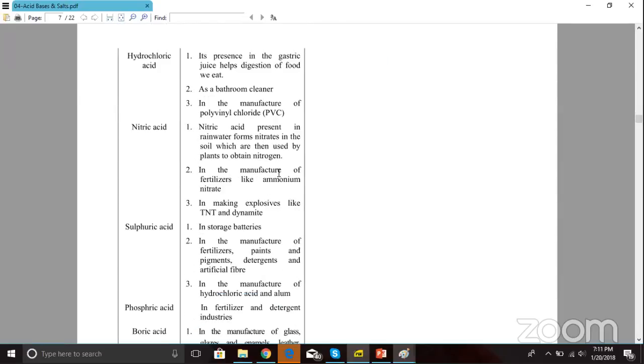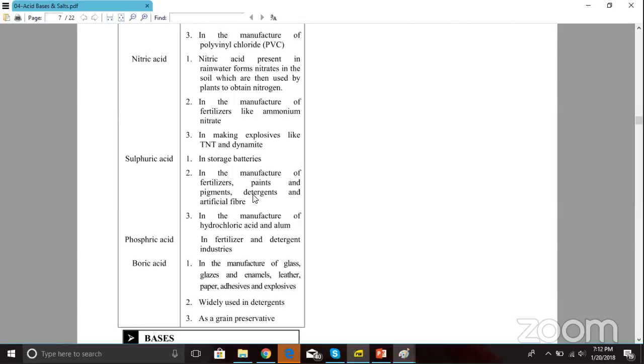Nitric acid is present in rainwater, and it forms nitrate in the soil, which can be used by plants for nitrogen fixation. It is also used in the manufacture of fertilizers like ammonium nitrate, NH4NO3, and to make explosives such as TNT, trinitrotoluene, and also dynamite.